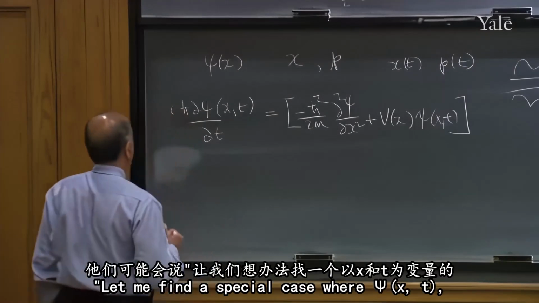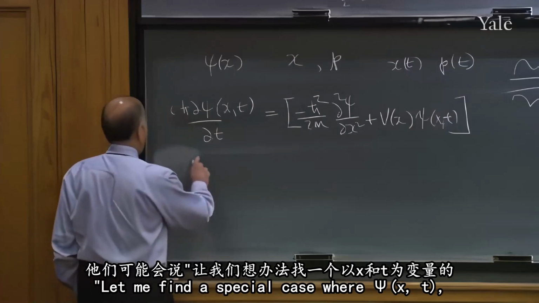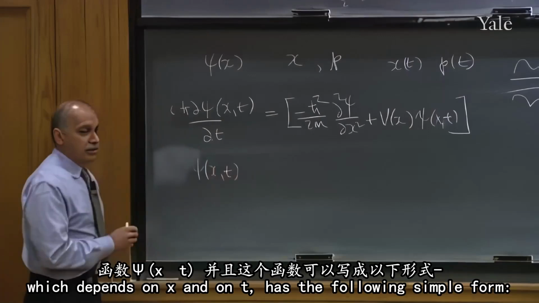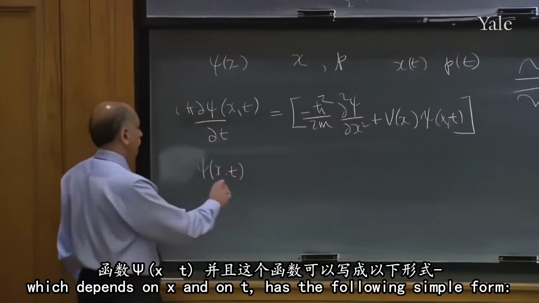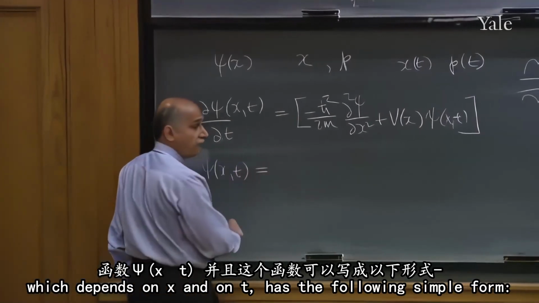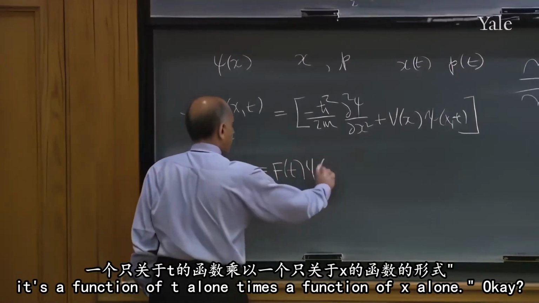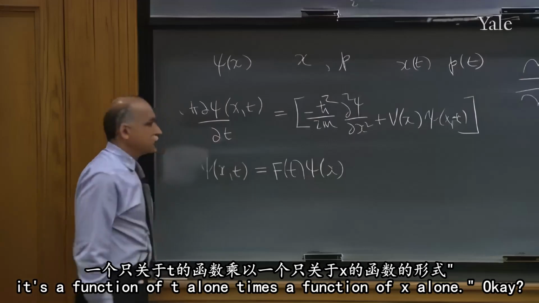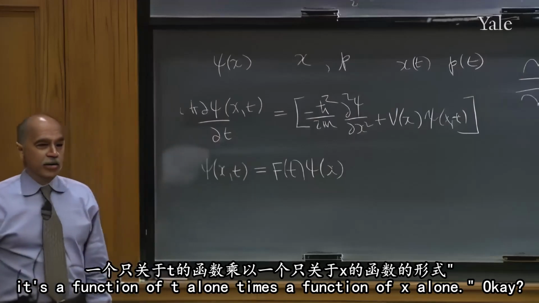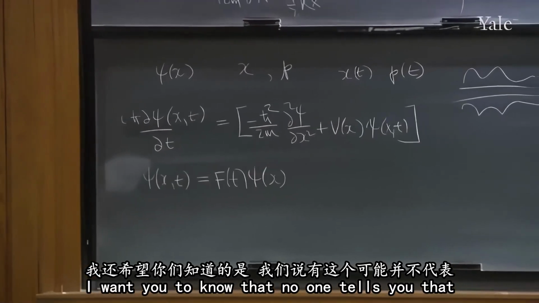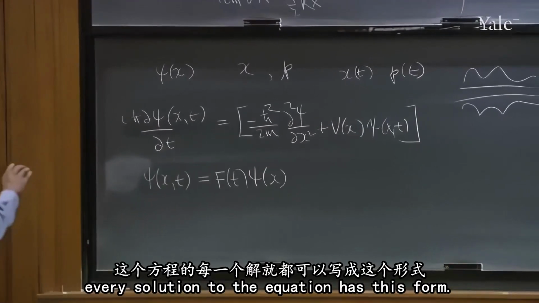You say, let me find a special case where psi of x and t, which depends on x and on t, has the following simple form. It's a function of t alone times a function of x alone. I want you to know that no one tells you that every solution to the equation has this form.